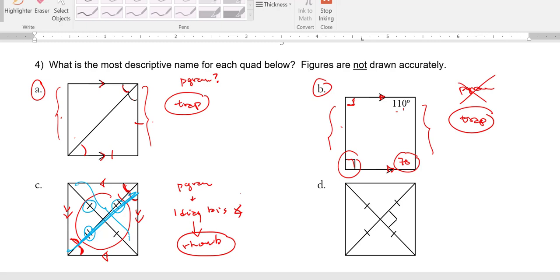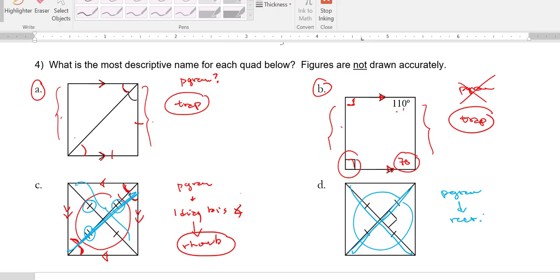Okay, letter D here. You can hopefully see that right off the bat, the diagonals bisect each other, so it's a parallelogram. And it's a parallelogram where in this case, the diagonals are congruent to each other. So I know that it's got to be at least a rectangle.